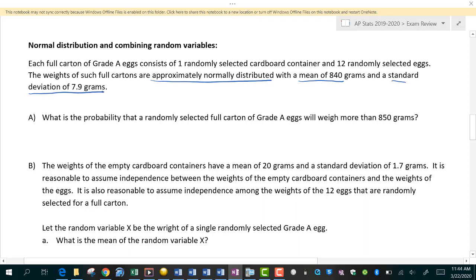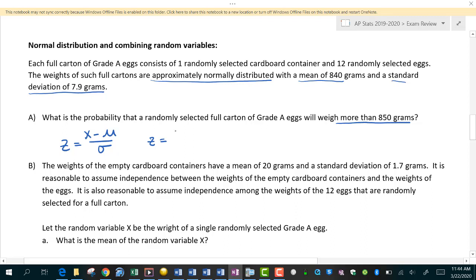Part A says, what is the probability that a randomly selected full carton of grade A eggs will weigh more than 850 grams? As always with normal probability, the first thing we want to do is start with a z-score. My z-score is found by taking x minus the mean divided by the standard deviation.